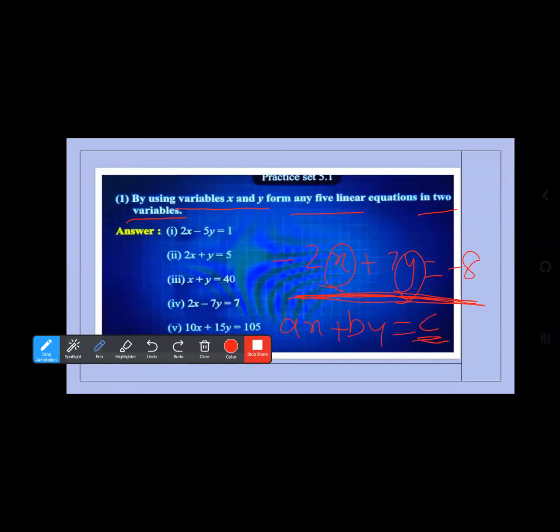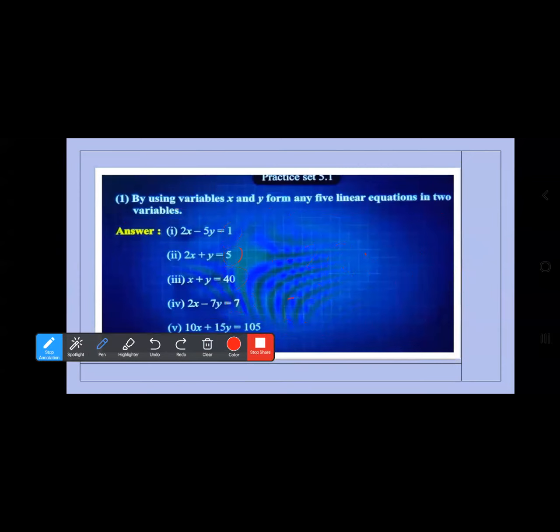C is the constant, and whatever the last terms are here, they are all constant terms. So x plus y equals 40, 2x minus 7y equals 7, 10x plus 15y equals 105. Any positive number, any negative number you can take, but the variables should be x and y.